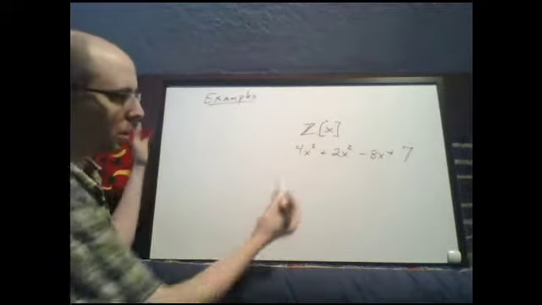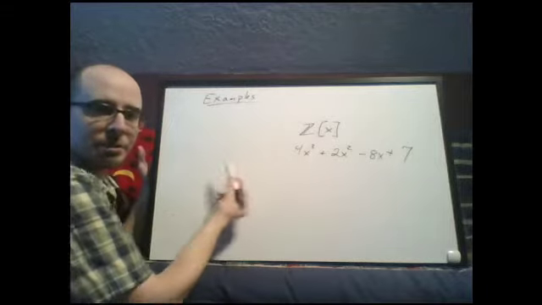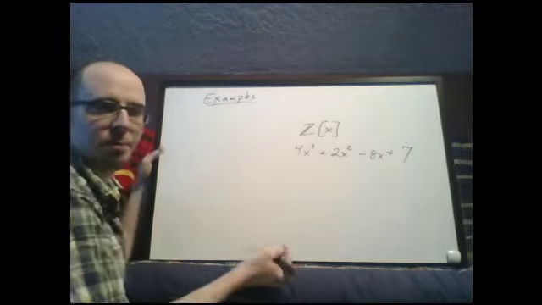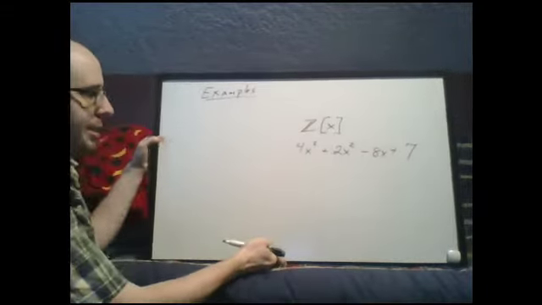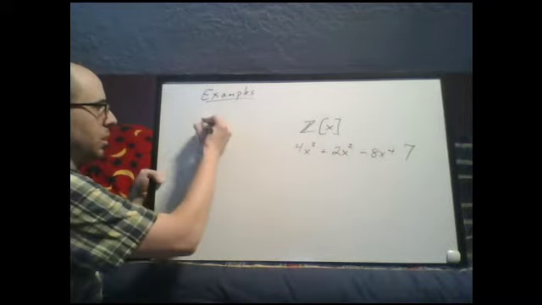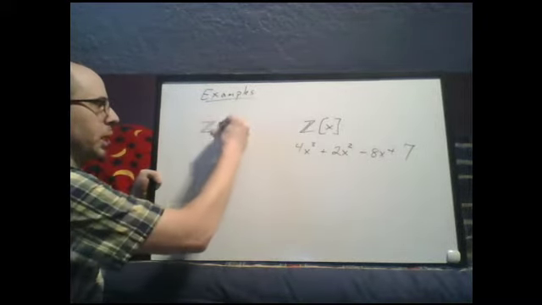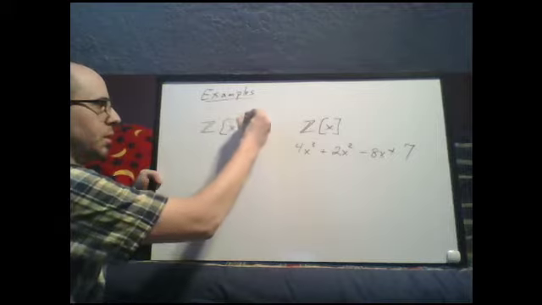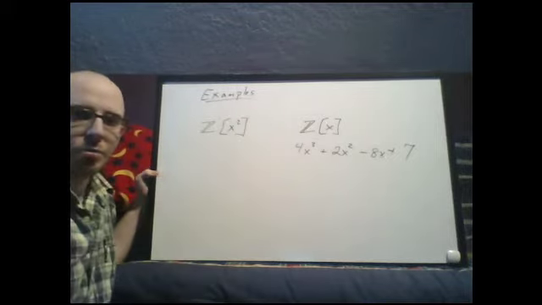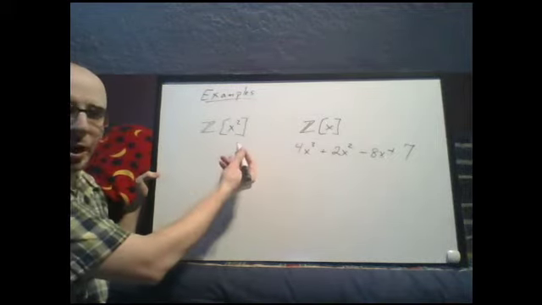It's a polynomial in x, so the power of x can be as big as we want, but it's a finite sum of these powers. A subring of that, this is just one example, would be Z[x squared].